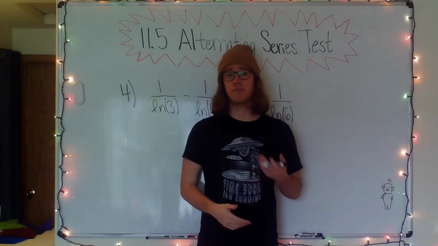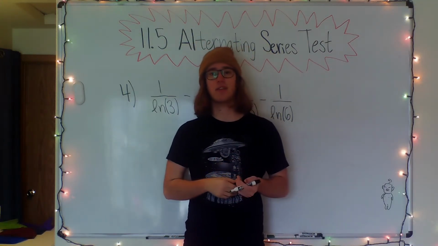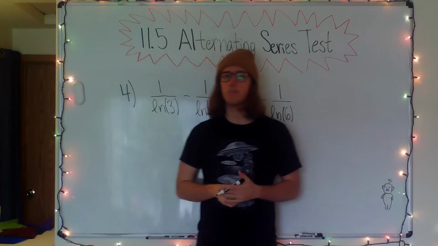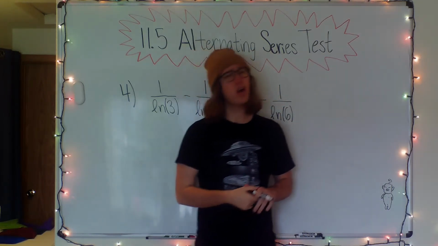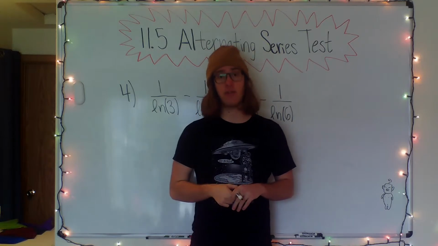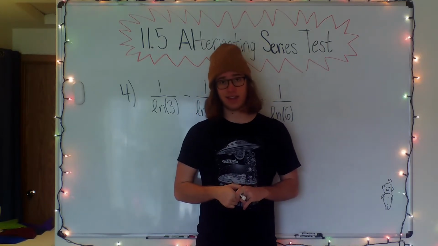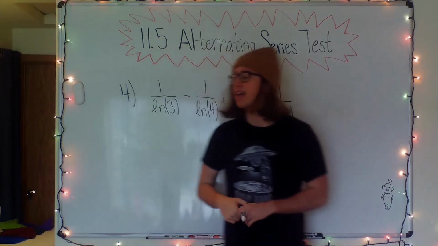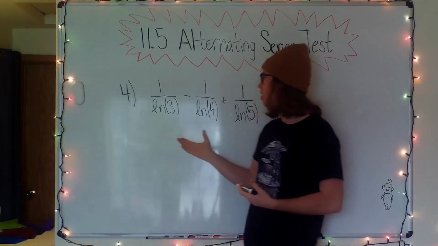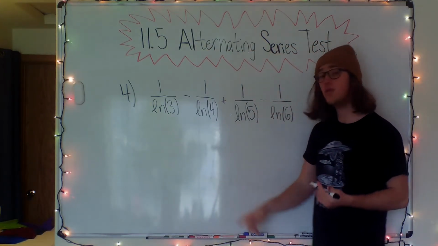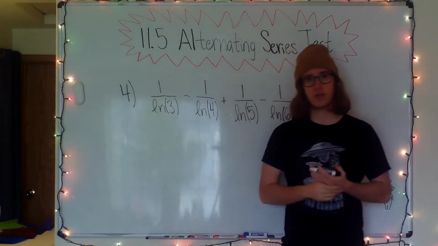Now we're going to do number 4, and this gives us the series 1 over ln 3 minus 1 over ln 4 plus 1 over ln 5 minus 1 over ln 6, and you get the point. Clearly we have two conditions that it needs to satisfy for convergence.